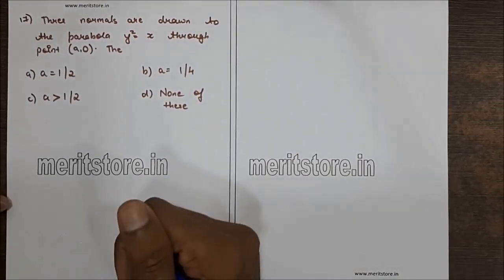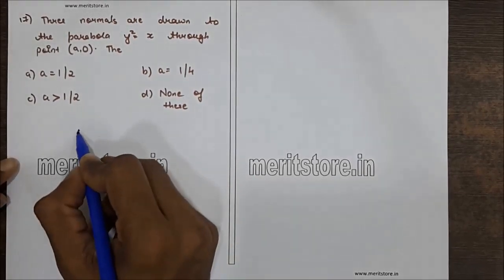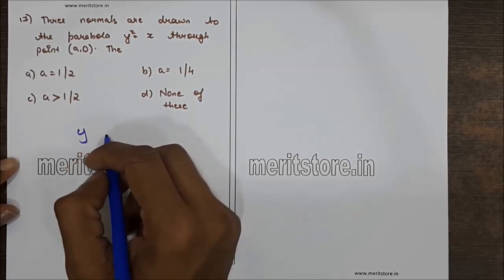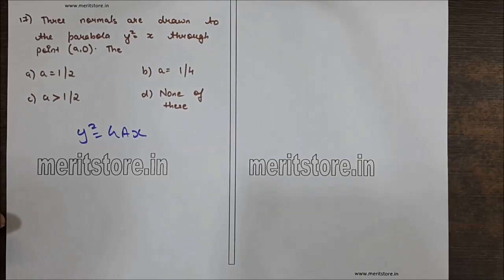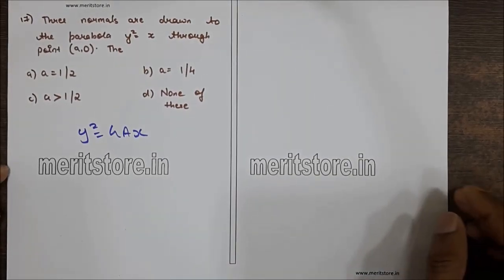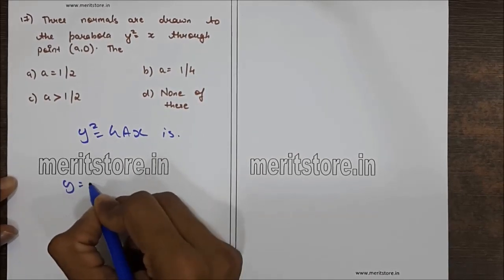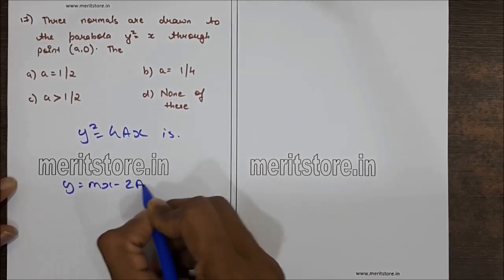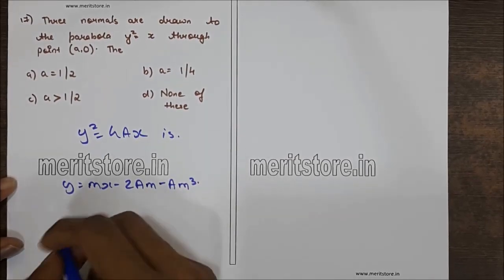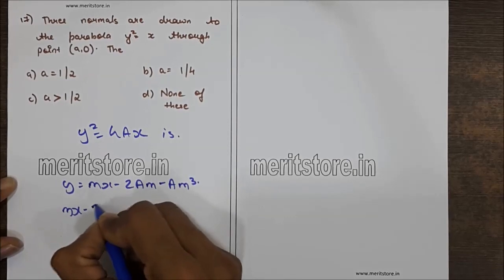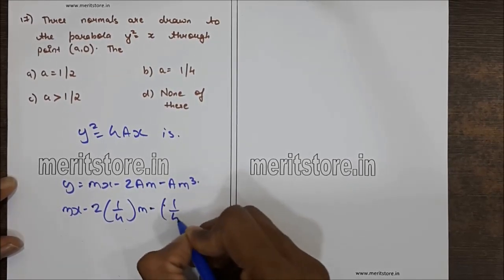So the equation of the normal in slope form, for y square equal to 4ax, is given as y equal to mx minus 2am minus am cube, which can be further written as mx minus 2 into 1 by 4 m minus 1 by 4 m cube.